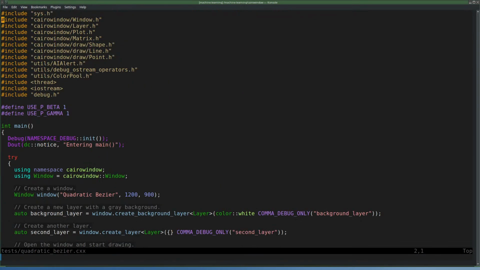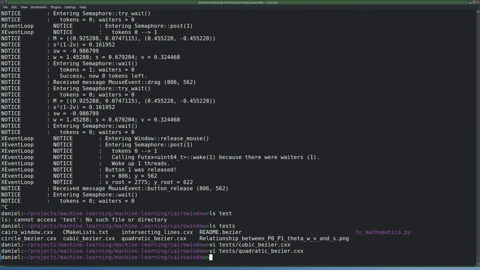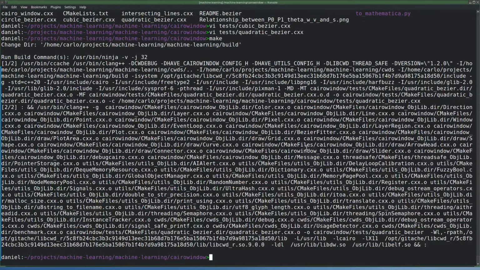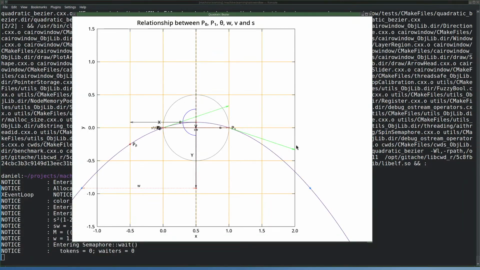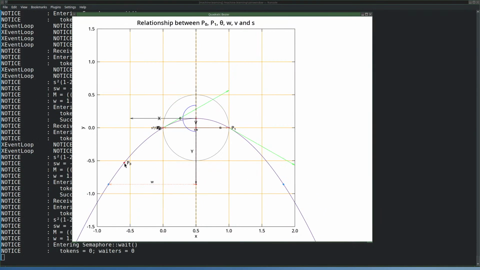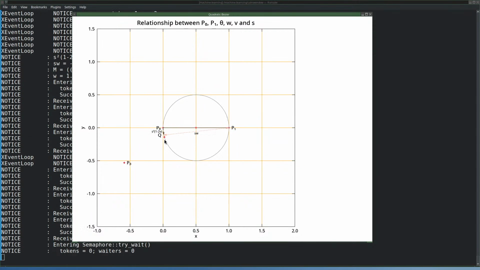So I think I can only turn off P gamma. Now I only have P gamma here, P beta. But we have a new thingy that we can change. This one.